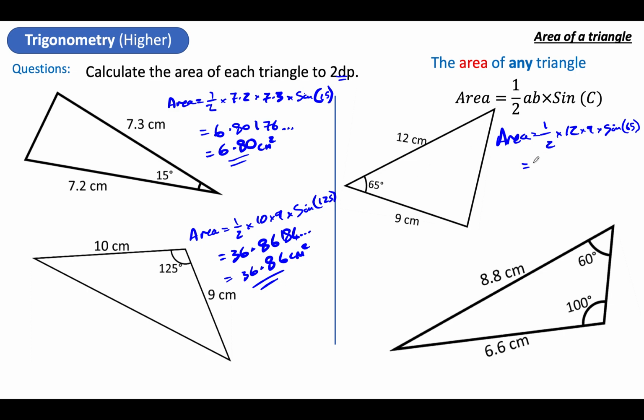So we got 48.9406, etc., etc. And to 2dp, that's 48.94. None of these have needed to round up yet, have they? And again, centimeters, so the answer is in centimeters squared.